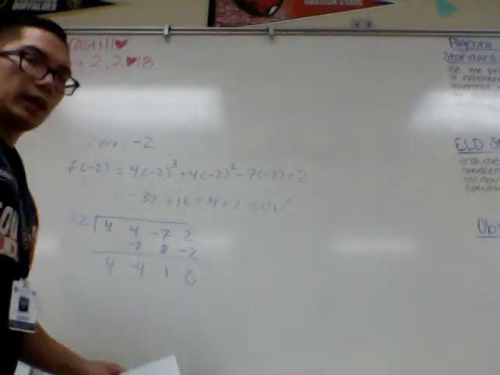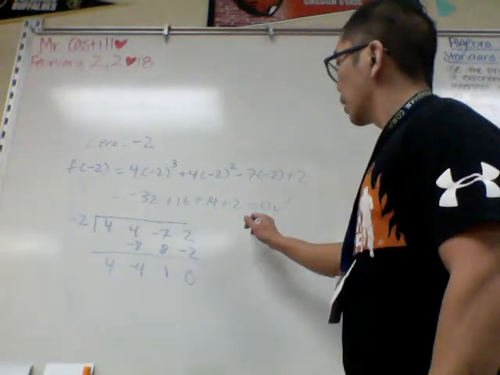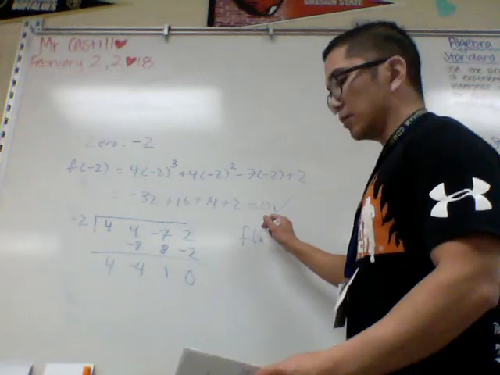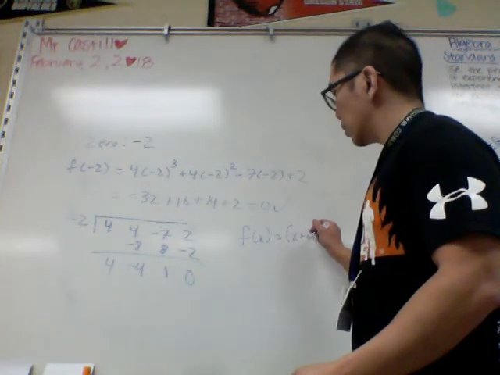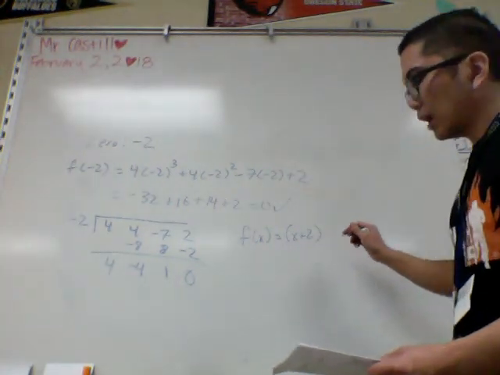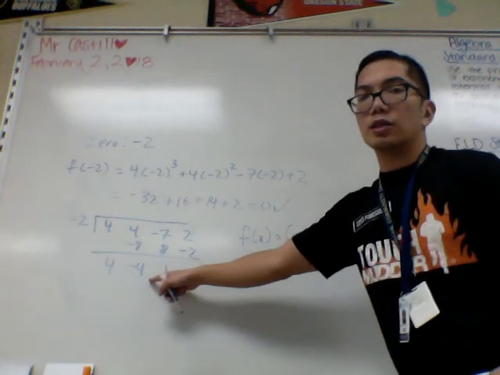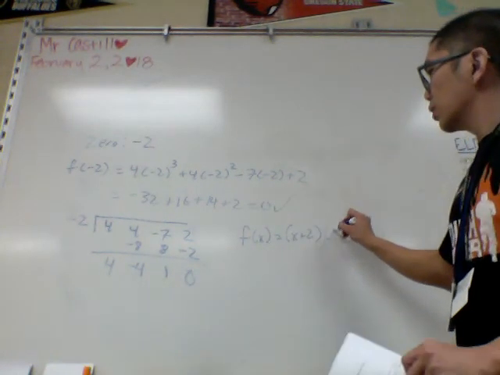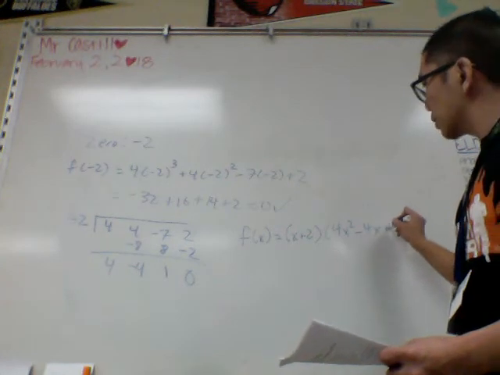So I know one of my factors is x plus 2, and my other factor is 4x squared minus 4x plus 1.